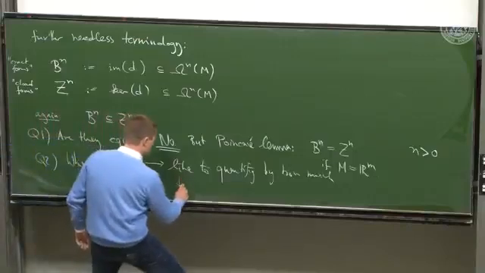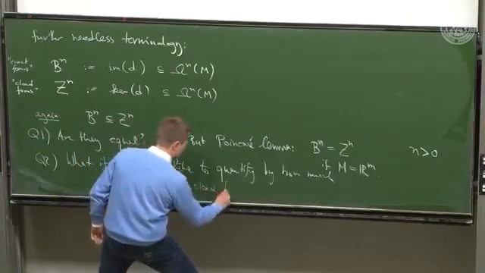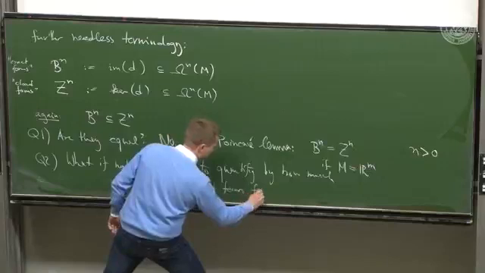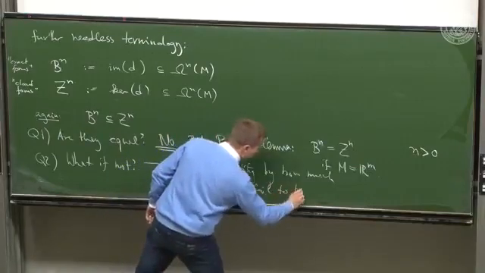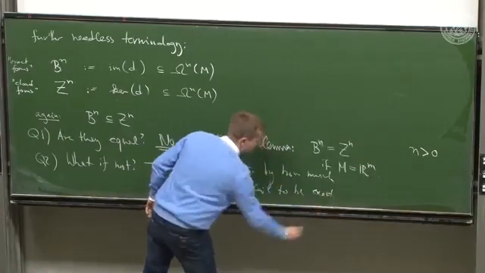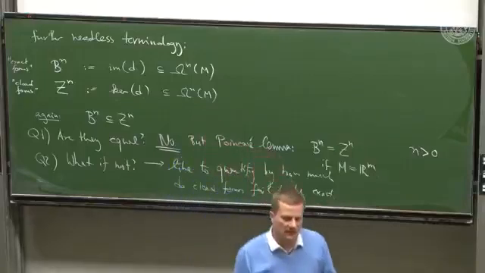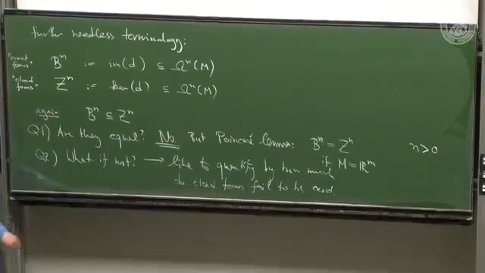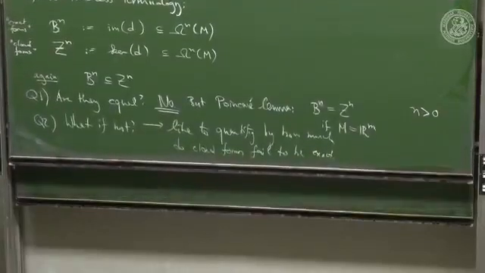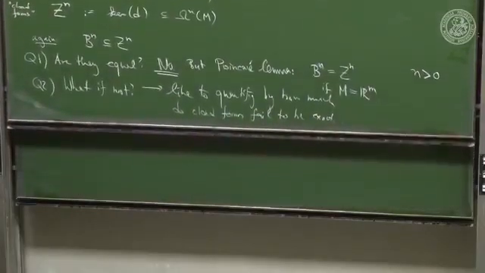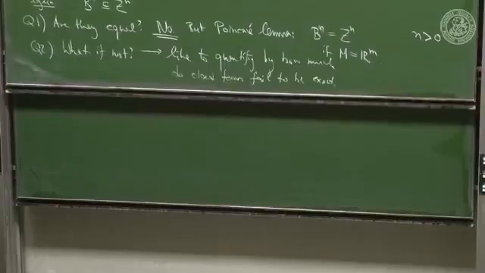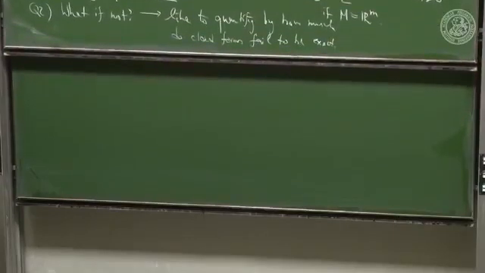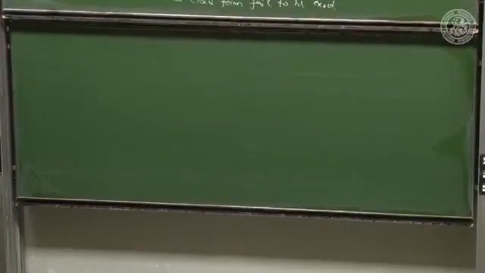By how much do closed forms fail to be exact? It's one thing to know it's not the same. The other question is, how different is it? And if we want to quantify, and we have one subspace in the other, we can have the following definition.